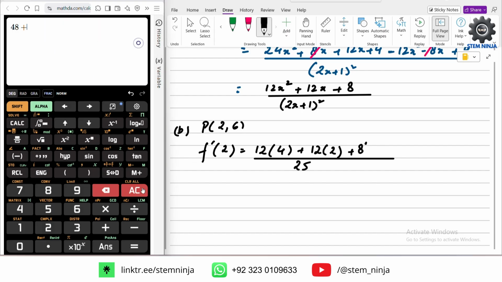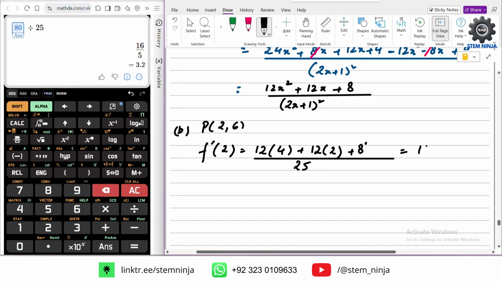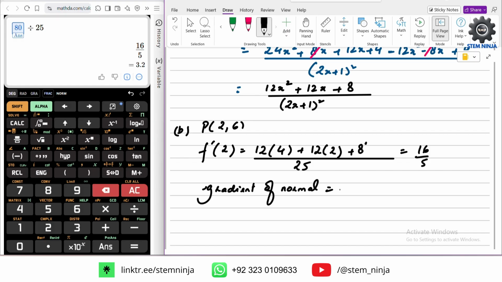So 48 plus 24 plus 8, 80 divided by 25, 16 over 5. So gradient of normal is equal to minus 5 over 16.